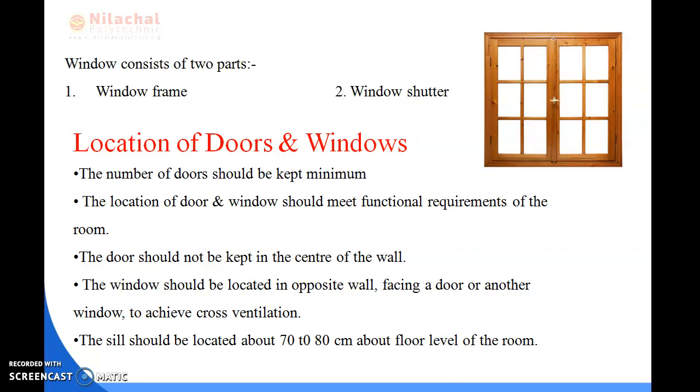The door should not be kept in the center of the wall, and the window should be located in the opposite wall, facing a door or another window, to get cross ventilation in a room. And last, the sill should be located about 70 to 80 cm above the floor level of the room.